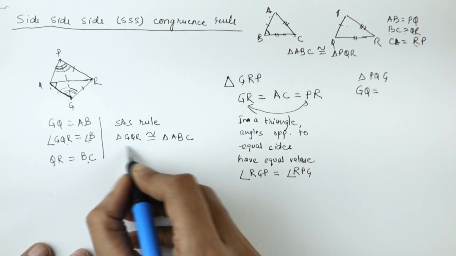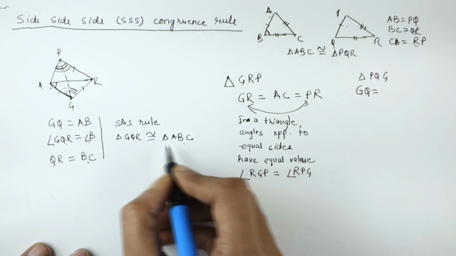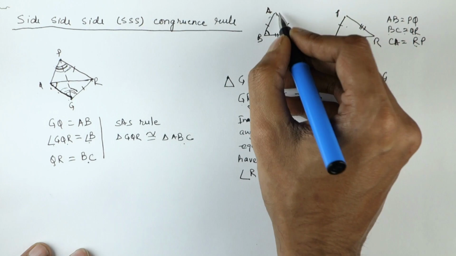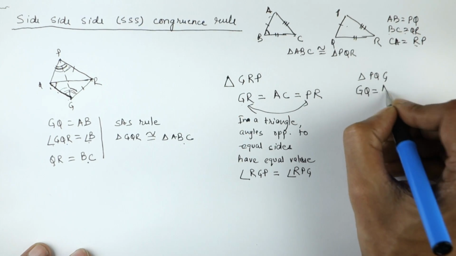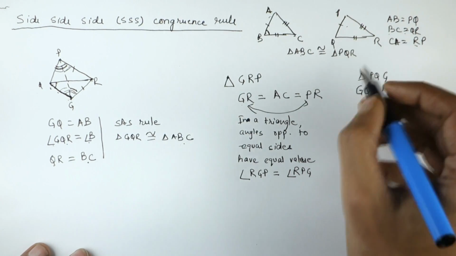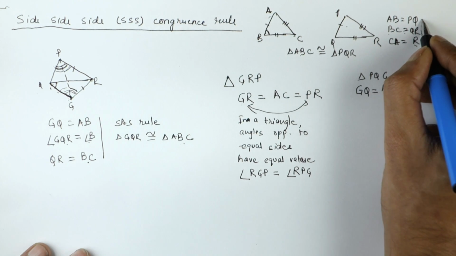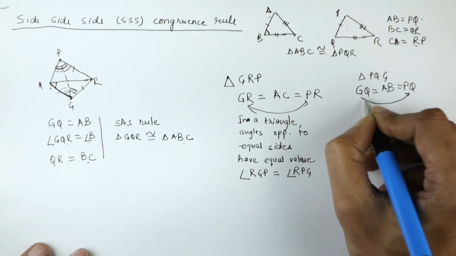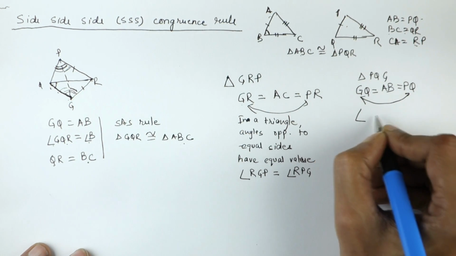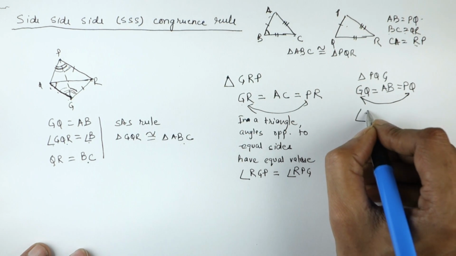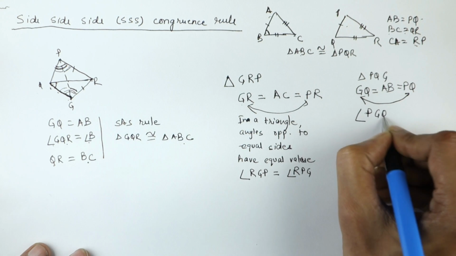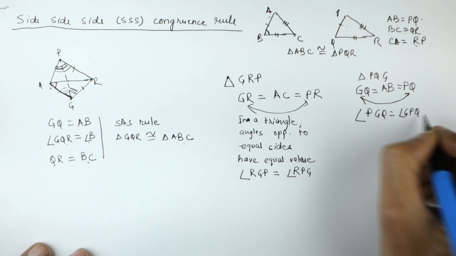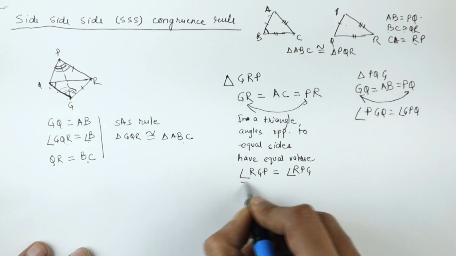Through the congruence which we proved earlier, we know that side GQ is equal to side AB, which in turn through the given equality is equal to PQ. So we have proved that GQ is equal to PQ, and hence we can say that angle PGQ is equal to angle GPQ.